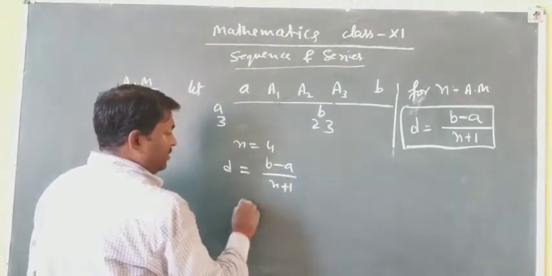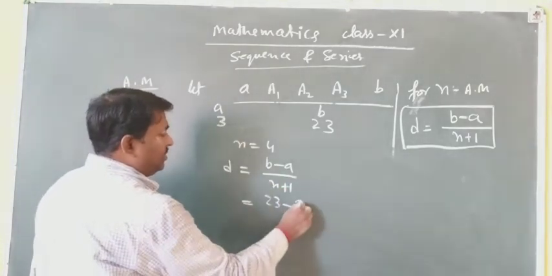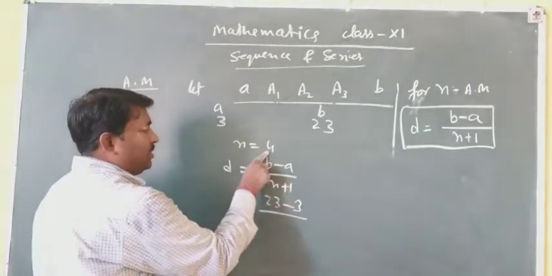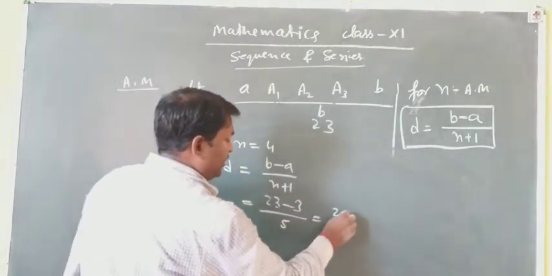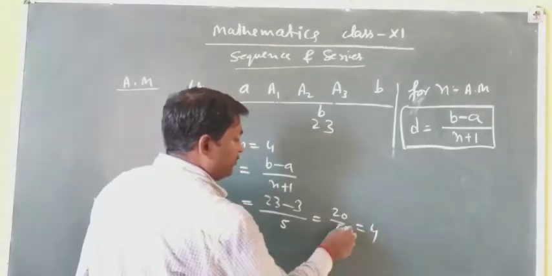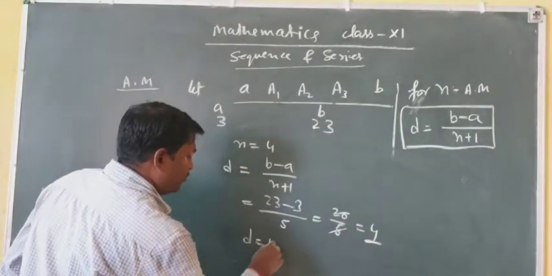The first term is a and the last term is b. So b is 23, minus a which is 3, divided by n plus 1. n is 4, so 4 plus 1 is 5. 20 upon 5 is 4. So d is 4.